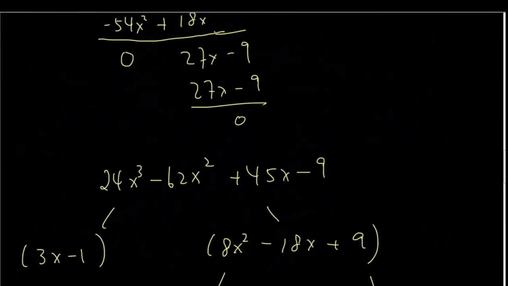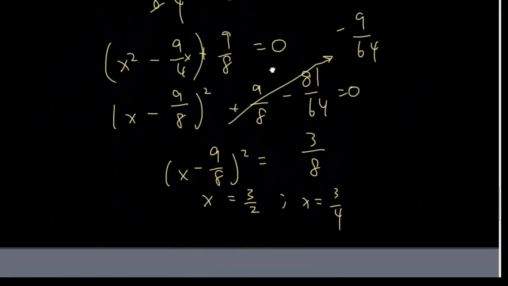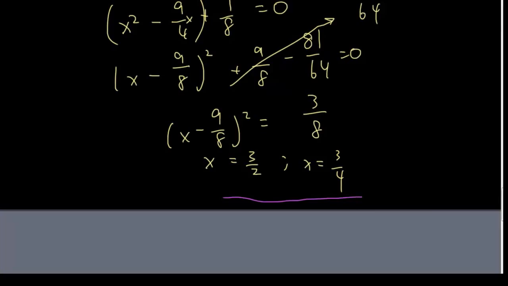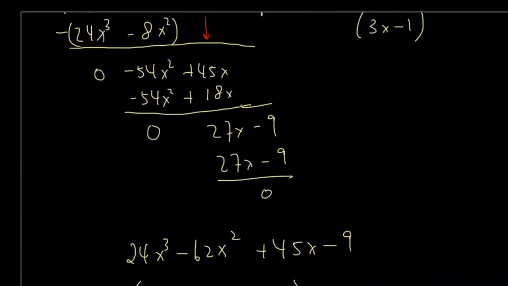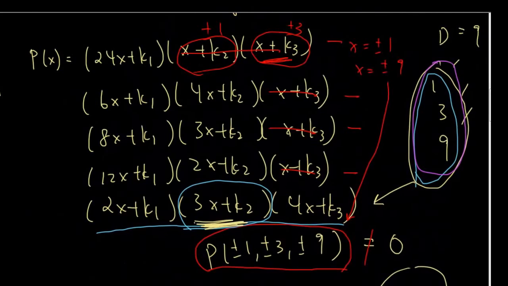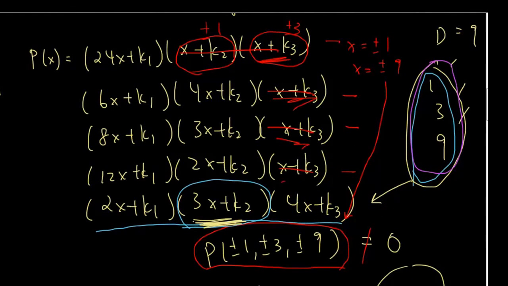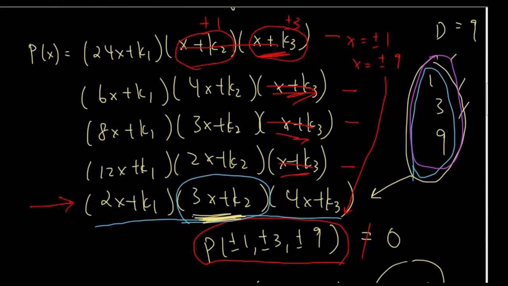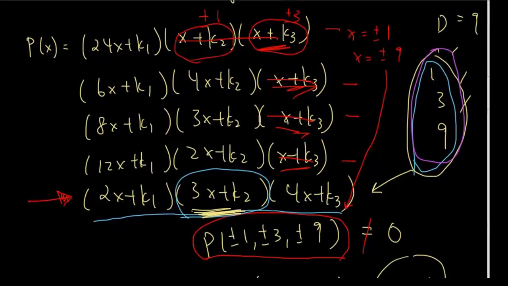Can you see in my final roots, they are not whole numbers? They're fractions. So that tells you that these ones here can't be inside of your three factors. So the only possible option you have is this one.